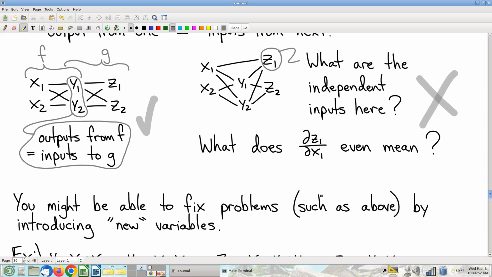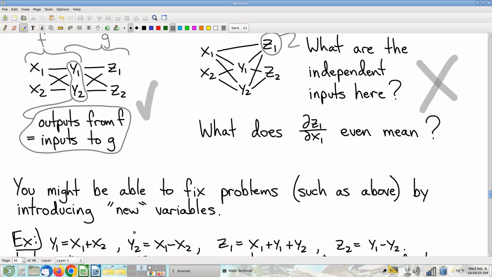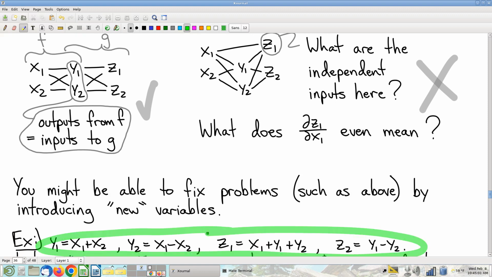If you have formulas given, for example, these formulas right here are formulas that it would be tempting to represent with a diagram like that. Right? You'll notice, for example, that I've got y1 as a function of x1 and x2, and y2 is a function of x1 and x2.